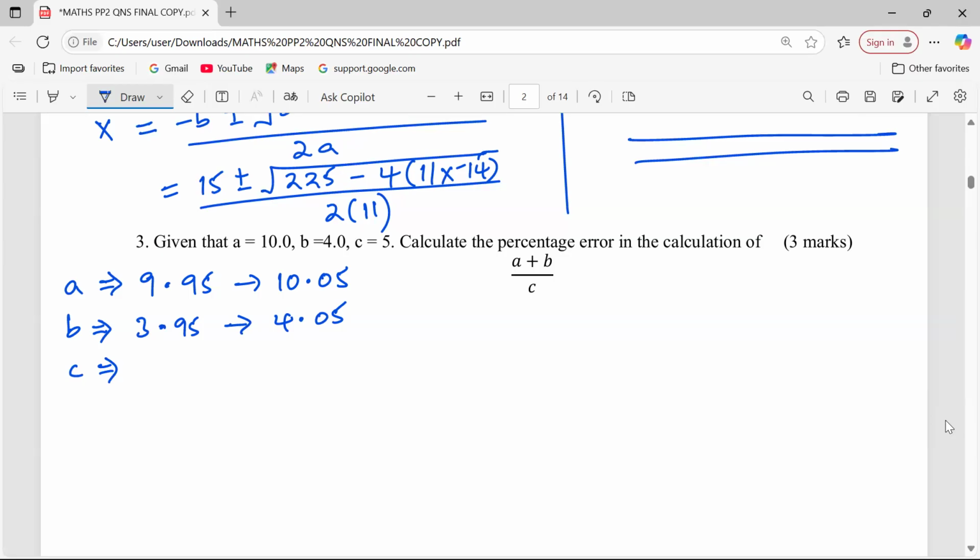So that means the accuracy in C is 1 unit. If the accuracy is 1 unit, then we can take 1 over 2. That is the absolute error in the recording of C. Then we subtract it to get 4.5. And we add it to get 5.5 as the maximum value. So we have maximum values and minimum values.